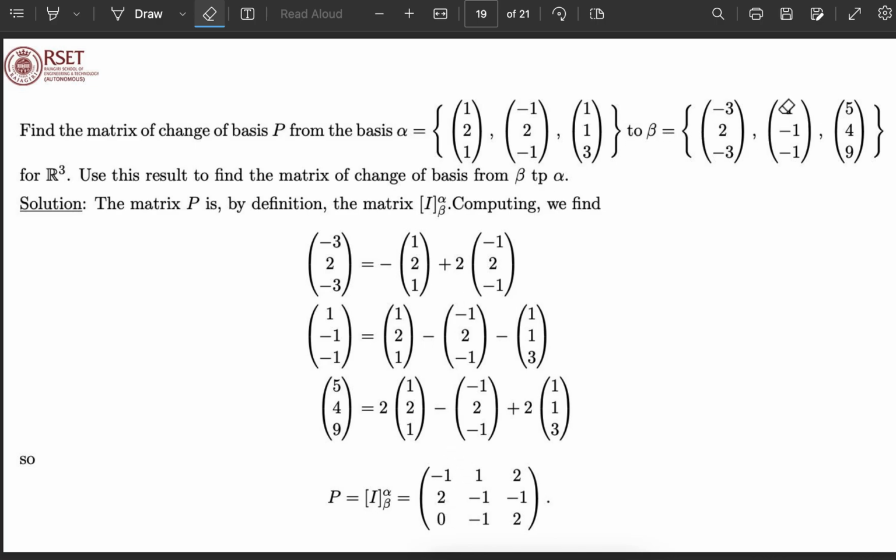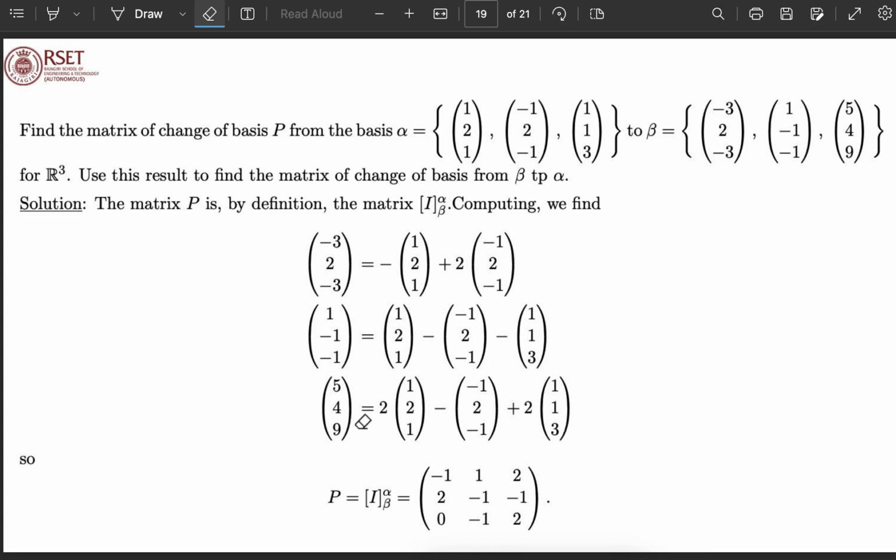Now take the next element (1, -1, -1) and write it as a linear combination of these three vectors of alpha. You will get the coefficients (1, -1, -1), which will be the second column of the matrix P. Then write the last element (5, 4, 9) as a linear combination of these three elements.